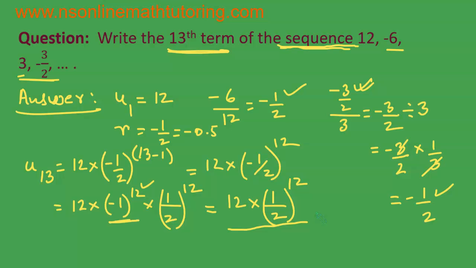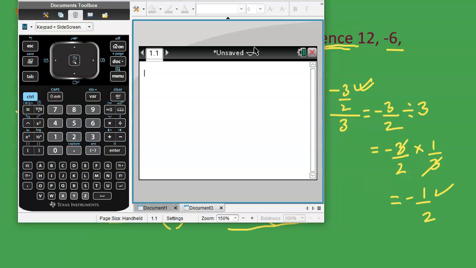Okay, now let us use the calculator. It is 12, and over here in the denominator it will be 2 to the power of 12. So 2 to the power of 12.